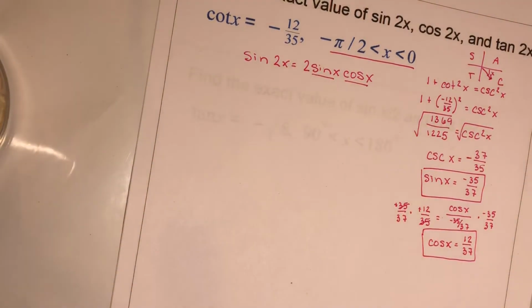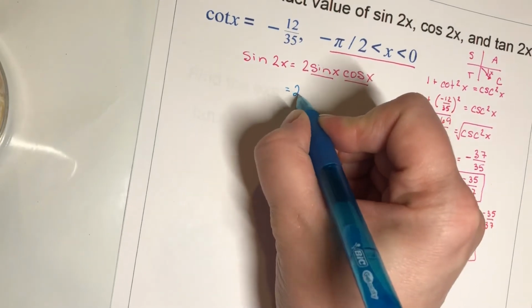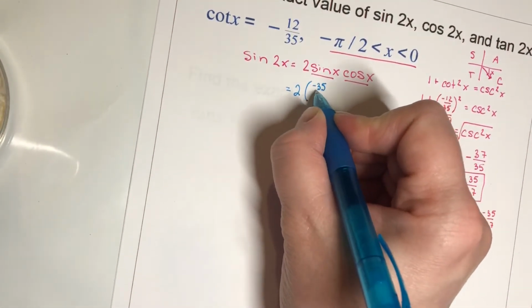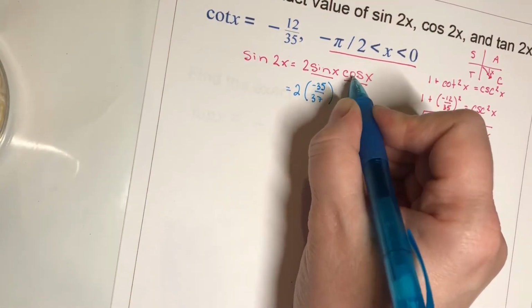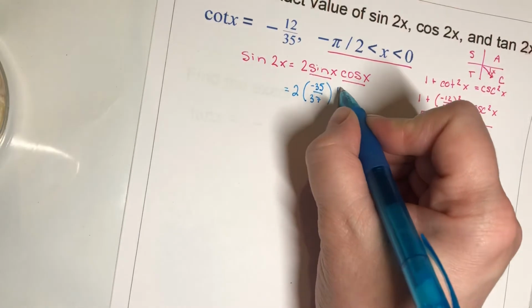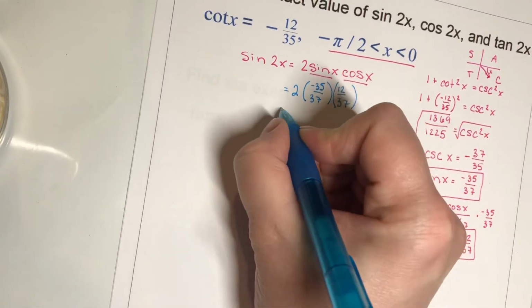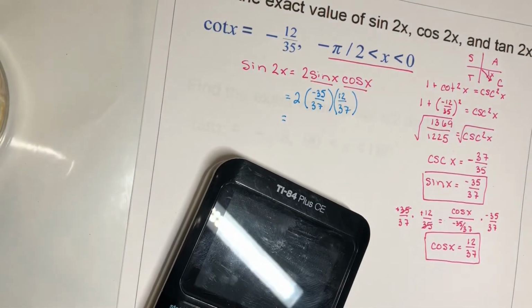So once I have that, I can set up and find sine of 2x. To find sine of 2x, I'm going to do 2 times sine, which is negative 35 over 37, times cosine, which is 12 over 37. And then I can do that in the calculator, and try to leave your answers as a fraction.